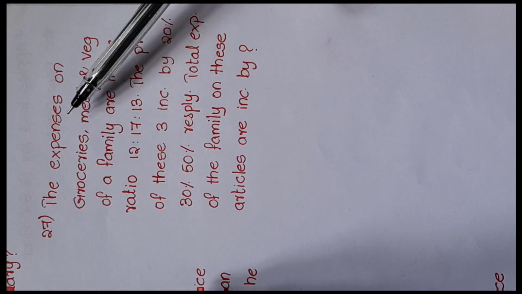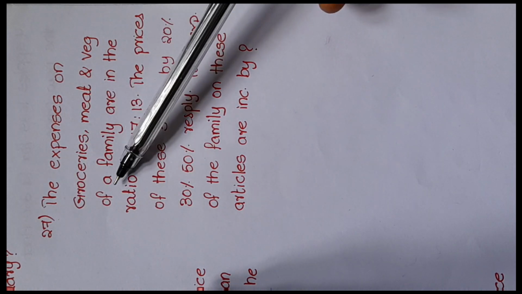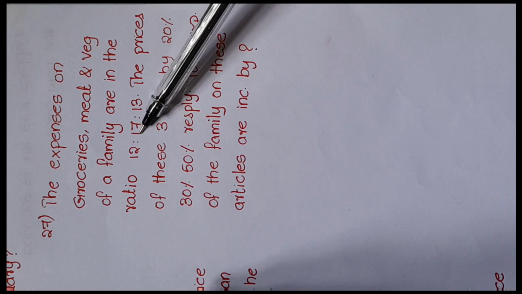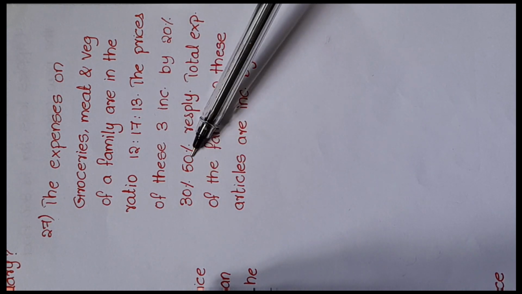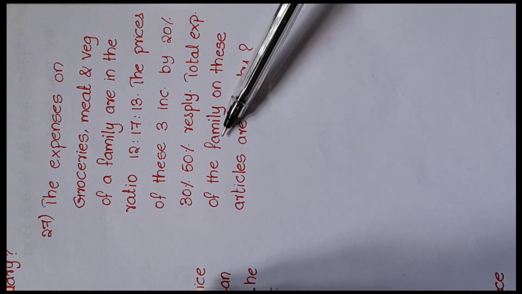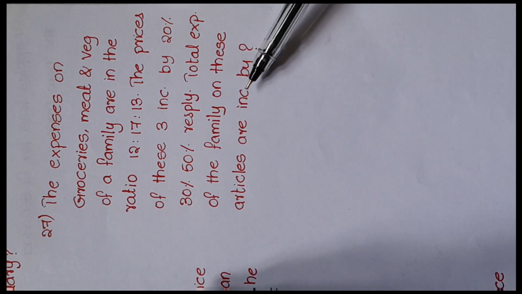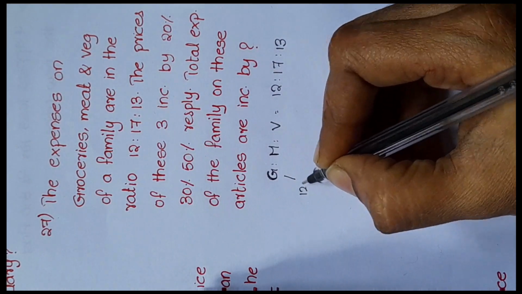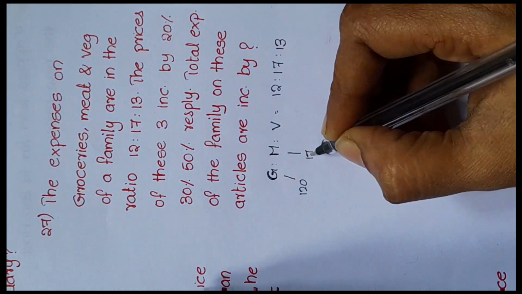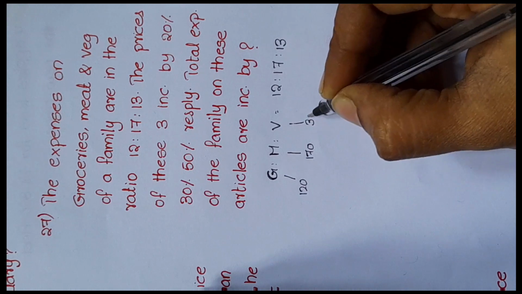Question number 27. The expenses on the groceries, meat and vegetables of a family are in the ratio 12:17:13. The prices of these three are increased by 20%, 30% and 50% respectively. Find the percentage by which the total expenditure of the family on these articles is increased. The ratio is given. Let the amount for groceries be 120, for meat be 170 and for vegetables it be 130 rupees.